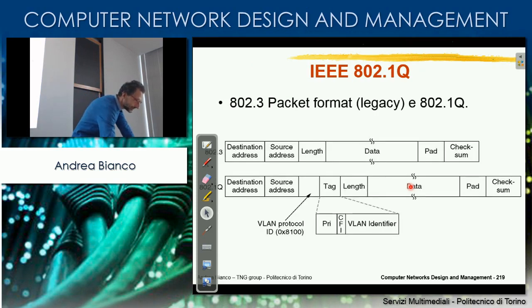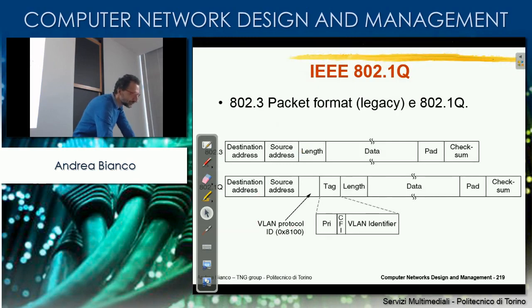And this is where the VLAN ID is going to be. So you will exploit this length field with a reserved code which tells that, okay, the packet has been extended according to the VLAN standard. So there is one reserved code here, which is devoted to identifying the packet as being VLAN aware.